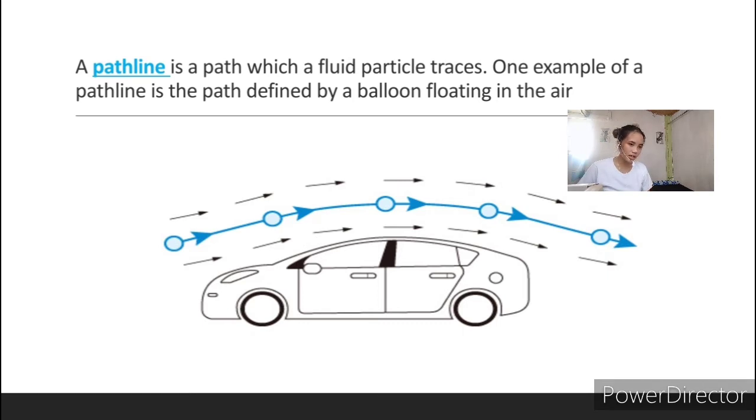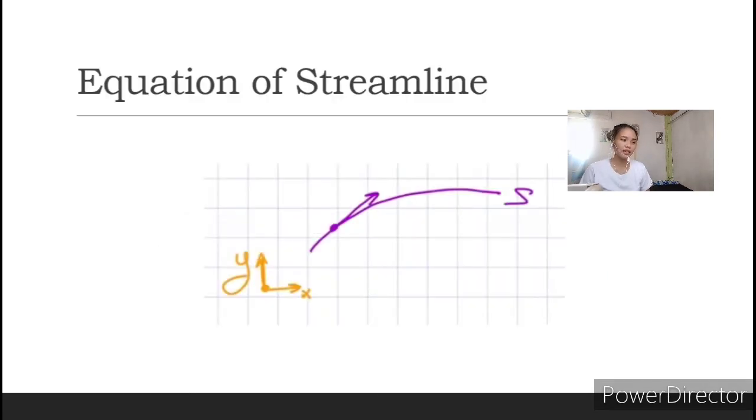And we're going to talk about the equation of a streamline now. As you can see, we have an example. S stands for streamline, and since velocity is tangent, we have here the purple point arrow. And the displacement would be here, we have the x, and here we have the y.